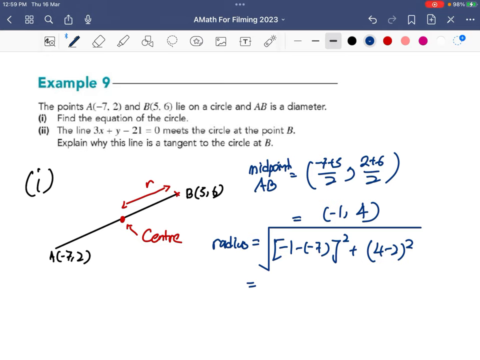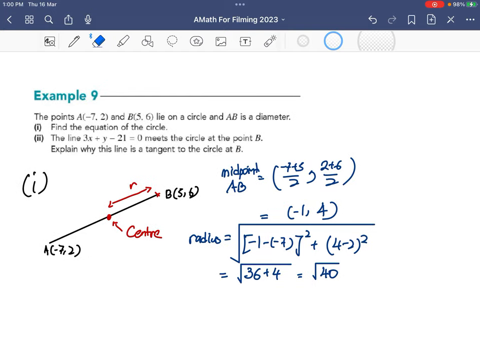So we get square root here of 36. Okay, then 4 minus 2 square, plus 4. So what you get is square root of 40. Square root of 40 is square root 4 times square root 10. So you get 2 square root 10 units. Actually, if you leave it at square root 40, it is perfectly fine.